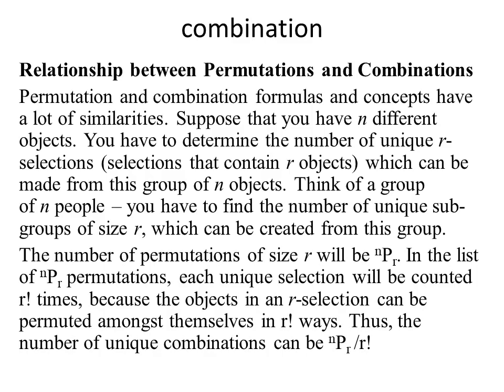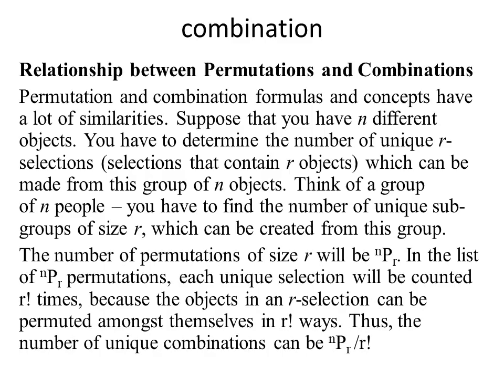Suppose that you have n different objects, you have to determine the number of unique selections of r objects which can be made from this group of n objects. Think of a group of n people. You have to find the number of unique subgroups of size r, which can be created from this group.